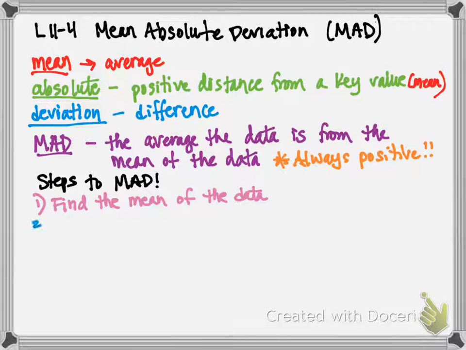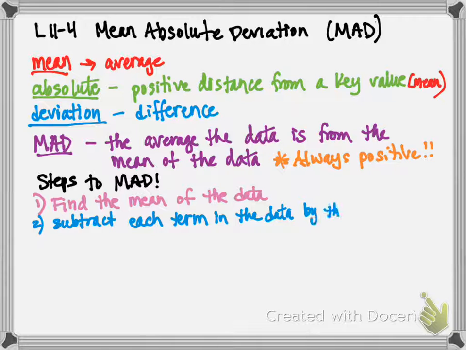So once we know what the mean of the data is, we're going to subtract each term in the data by the mean and take its absolute value.